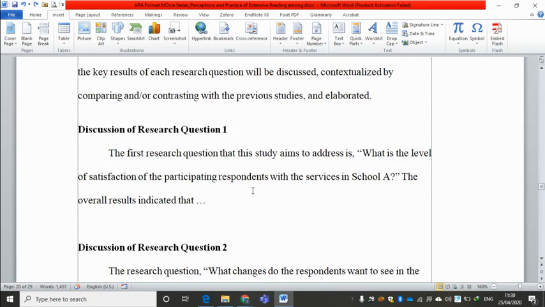No problem. I have consulted the previous research, and some authors organize their discussion according to headings or themes or topics. For example, you might change discussion of research question 1 to something like this.